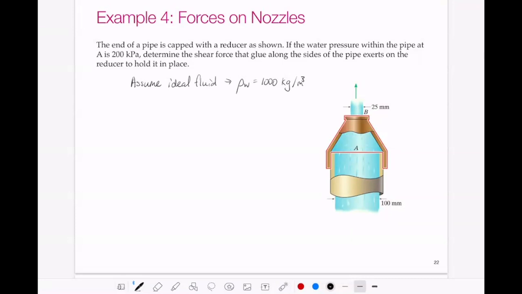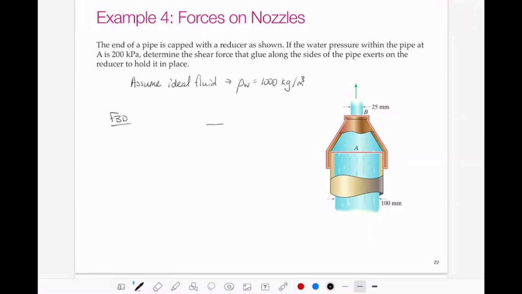The reason that we want to contain this extra portion is so that when we draw our free body diagram, we can consider the reaction forces due to the glue of the cap acting on that nozzle. So let's draw our free body diagram. Our free body diagram will just be of our control volume.